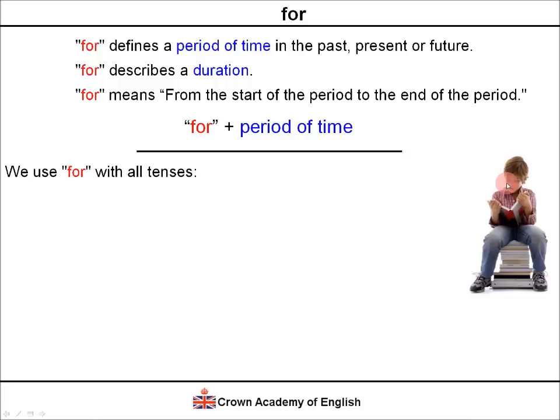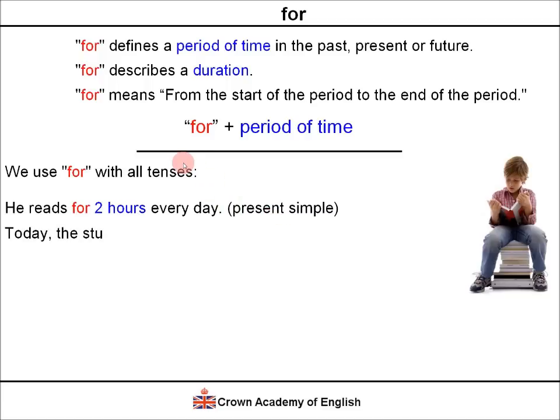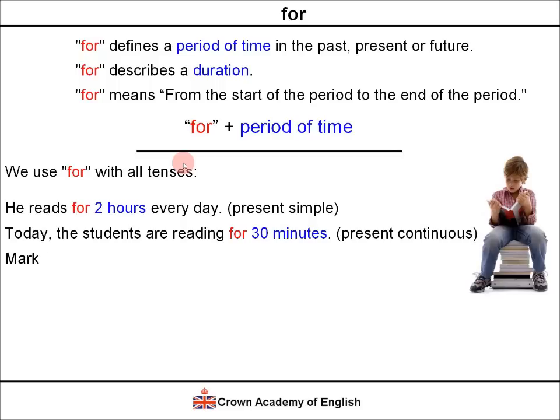Let's look at some examples. He reads for 2 hours every day. So this is the present simple. Today, the students are reading for 30 minutes. The present continuous. Mark lived in London for 6 months.